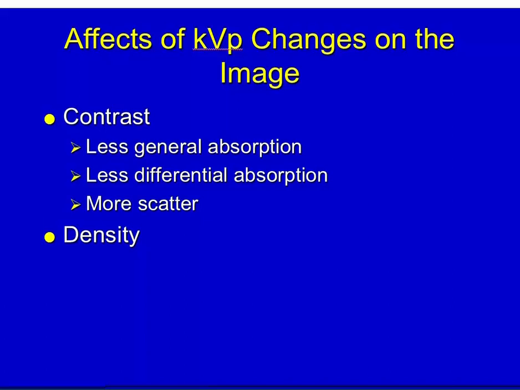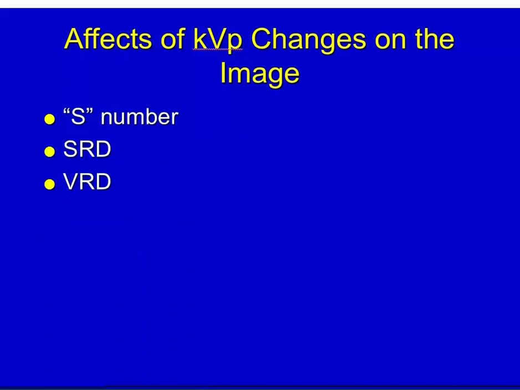You increase kVp and your exposure to the image receptor increases. Remember, density equals exposure, so density theoretically goes up. Again, your density is really going to be controlled by your computer algorithm, by your lookup table. So increased kVp, what we get is a decrease in contrast and an increase in image receptor exposure.